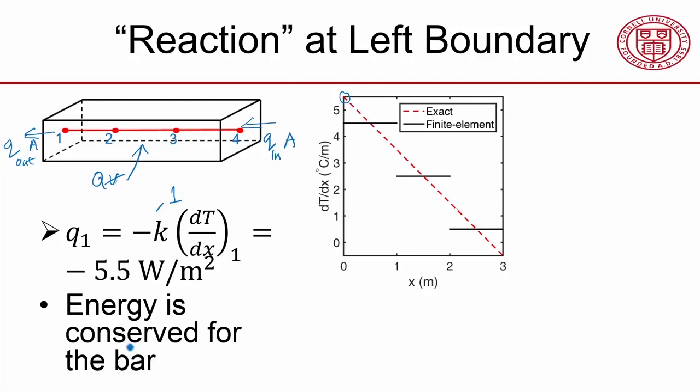So the energy is conserved in aggregate, and this is when I'm looking at the energy coming out calculated using the discrete equation. That's the equation from the weak form. So energy is conserved in aggregate, but that doesn't mean that it's conserved for each finite element or for each infinitesimal element.